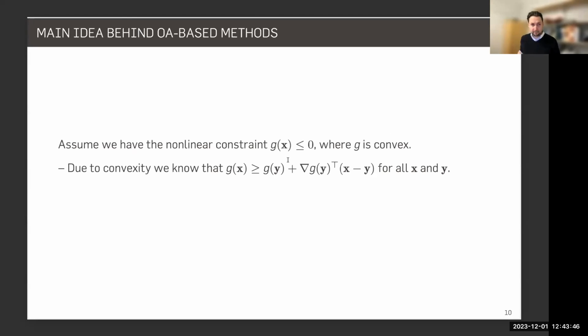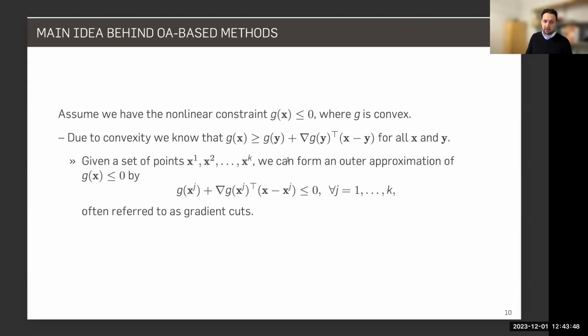Given a set of points x1 to xk, we can very easily form an outer approximation of the feasible set of the constraint by simply generating these cuts. These cuts are often referred to as gradient cuts. The nice thing is that this is very simple. Just any point gives us a valid outer approximation.